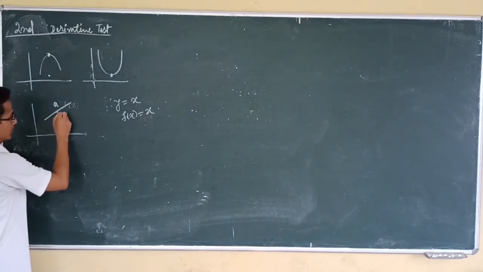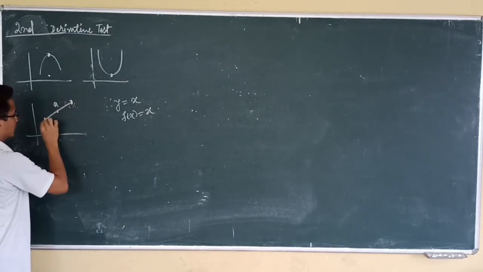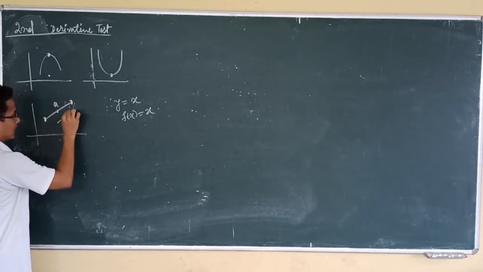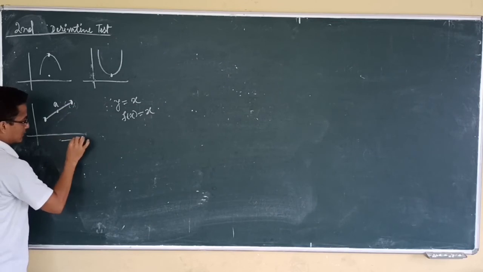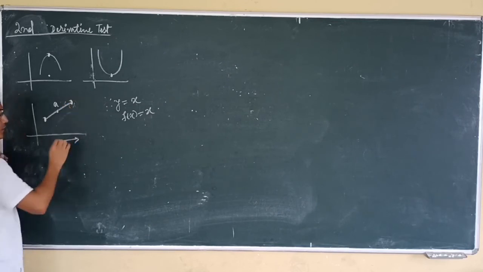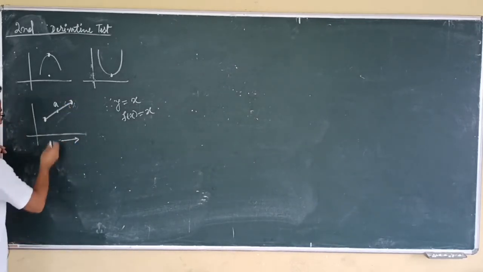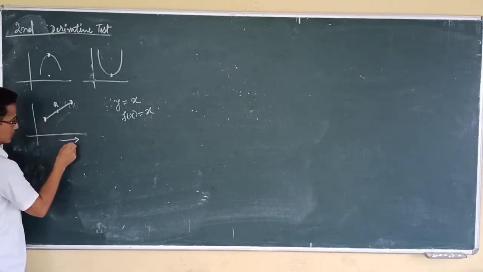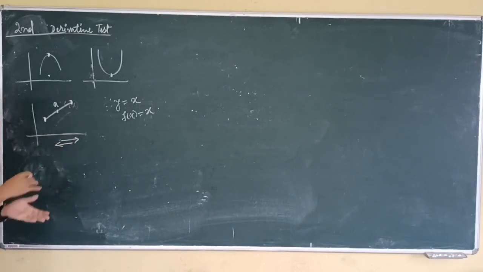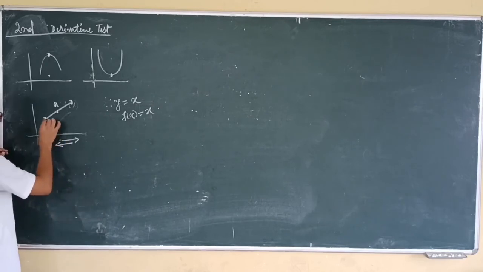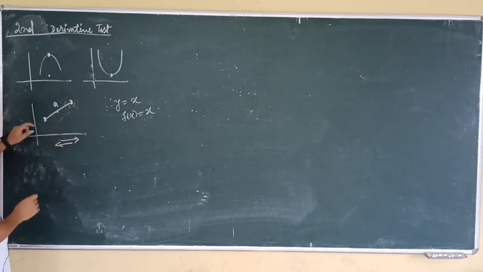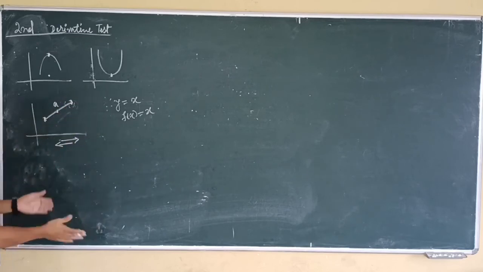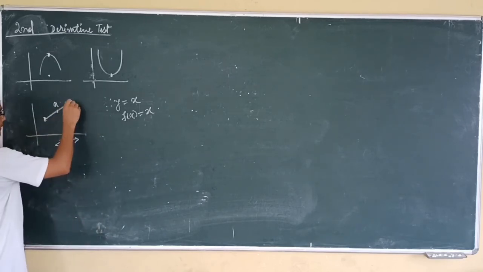So when you travel to this point, from left to right, you will get the maximum point. When you travel this from right to left, you will get the minimum point. So on the same graph we get confused which one to take, this or this.